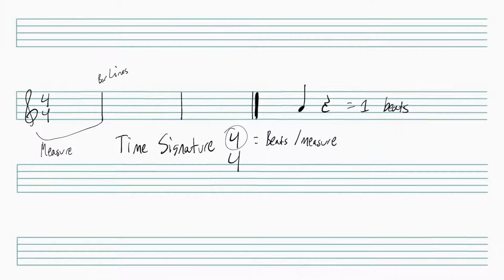I'm going to draw 4 notes here. That would complete that measure. The top number tells us there are 4 beats in the measure. We are accepting right now that the quarter note rhythm, or the quarter rest rhythm, equals 1 beat.